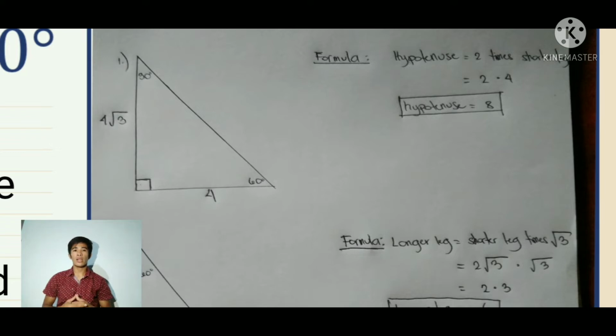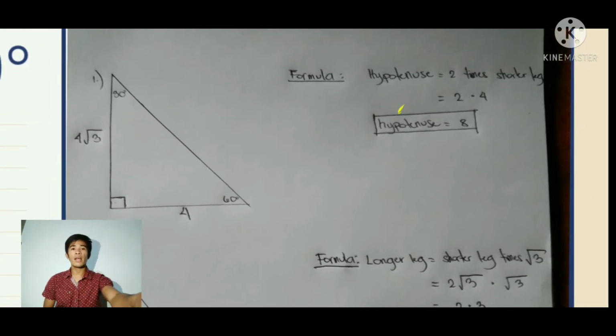Find where the 30 degrees is. And the opposite of 30 degrees will be our shorter leg. As you can see, sa baba, 30 degrees. So, sa baba niyan, that side is called the shorter leg. And the opposite of the 60 degrees will be the longer leg.